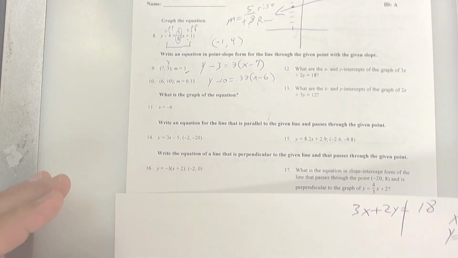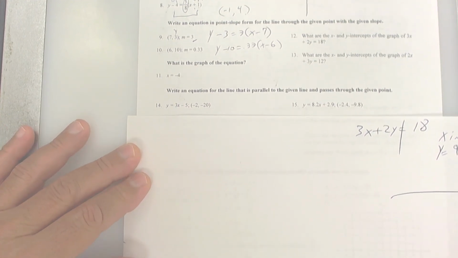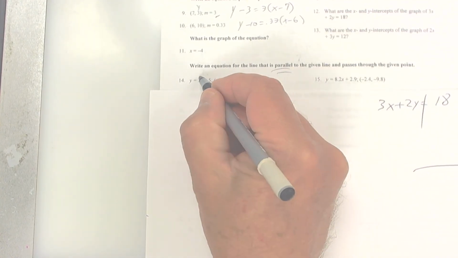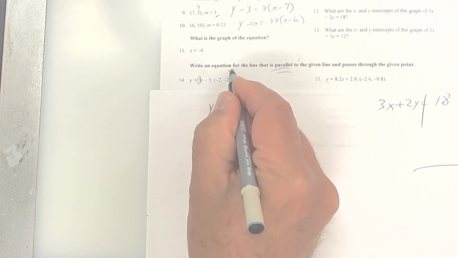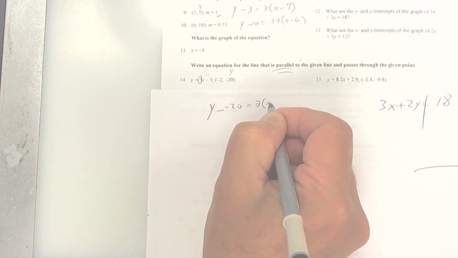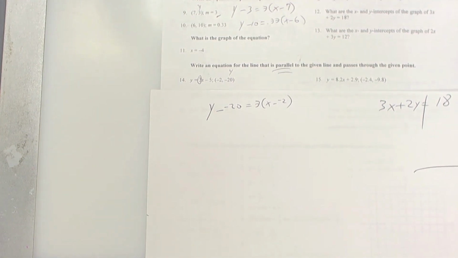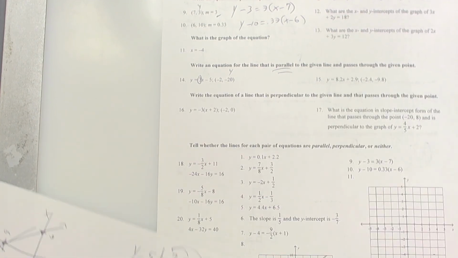All right, let's go on. Number 14, write an equation for the line that is parallel. Parallel has the same slope. So for this one, your slope is 3. So it's y minus your y is equal to your slope, and then x minus your x. You can clean that up by putting pluses. Okay, so parallel has the same slope.